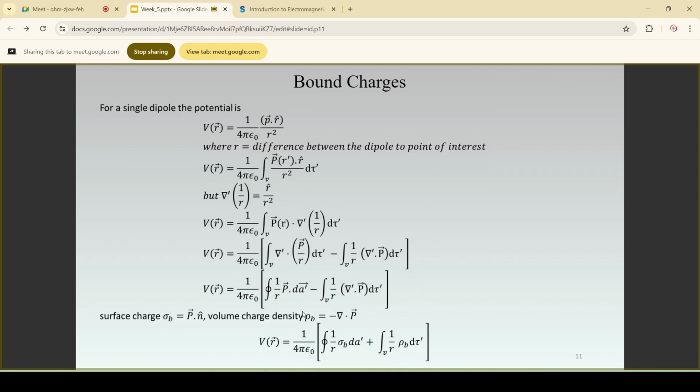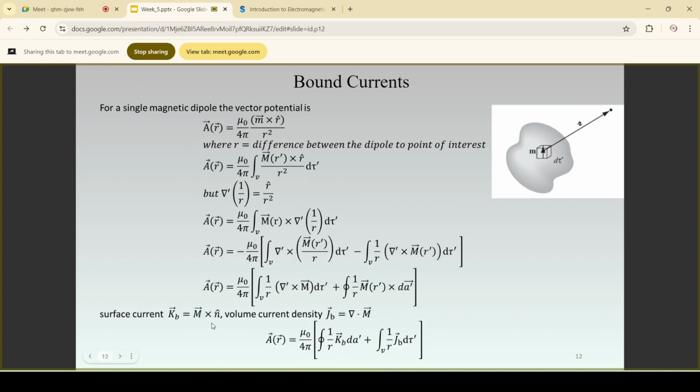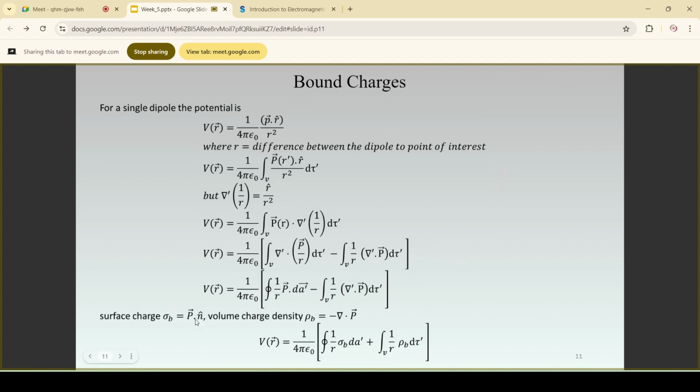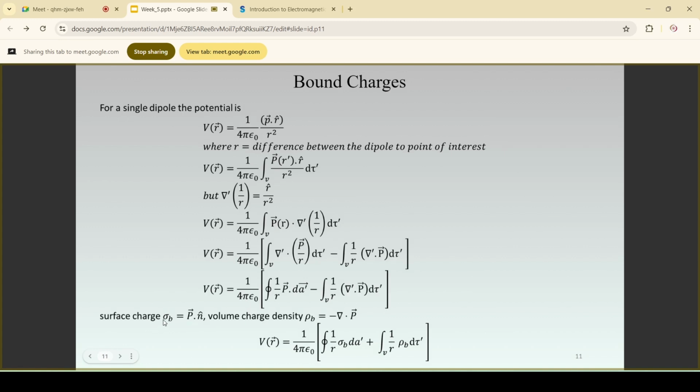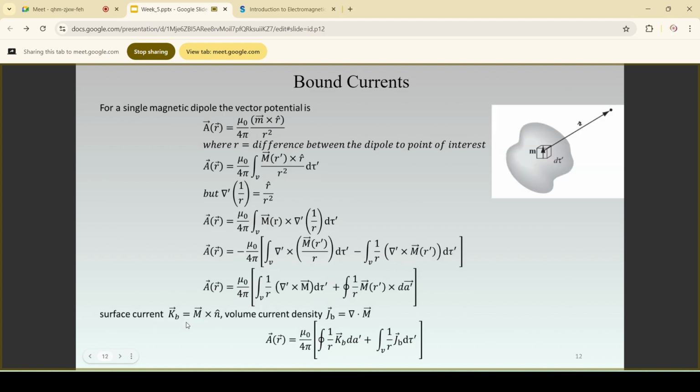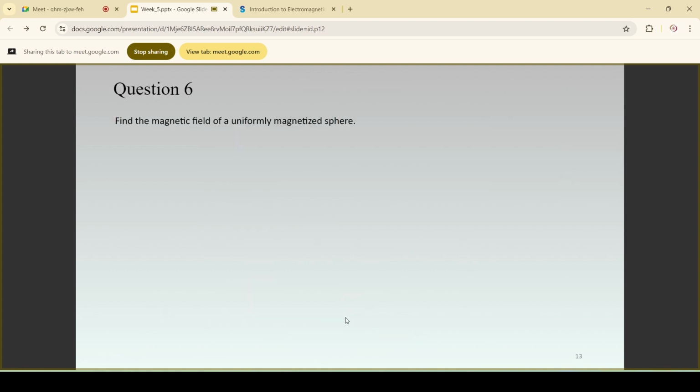If you go back and check, it's very same. So this is how and where these surface current densities and volume current densities are defined like this. So you have to check the cross product, M cross n, like you did the dot product here, because charges are scalar and here the currents are vector quantities. So Jb and all things you can calculate like this.